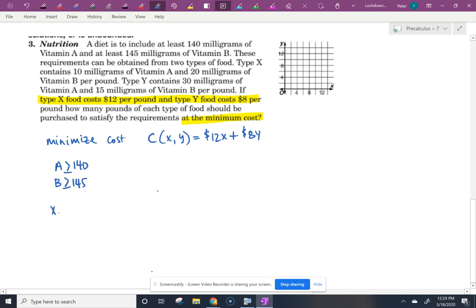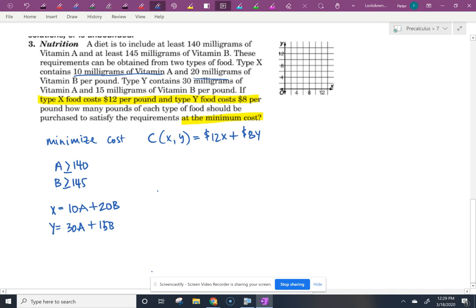X has 10 milligrams of A and 20 of B, and Y has 30 milligrams of A and 15 milligrams of B.